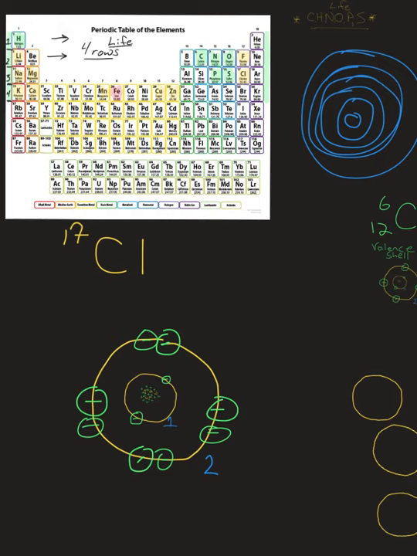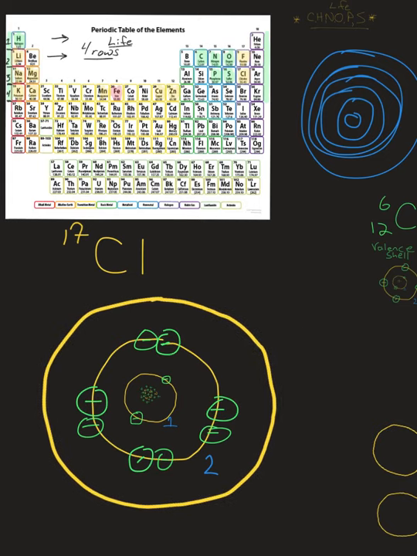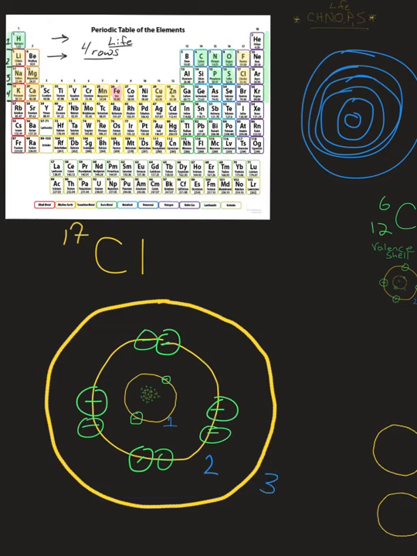And actually, I had these sitting here for this reason. So I add another shell. Again, the distance between the shells is determined by the repulsion of the electrons, right? So this is the third shell. Now again, the third shell can hold 8.